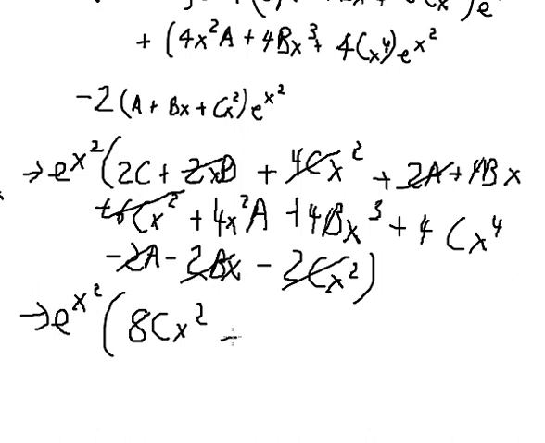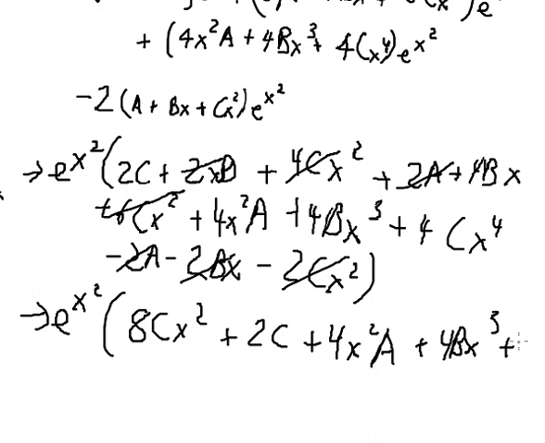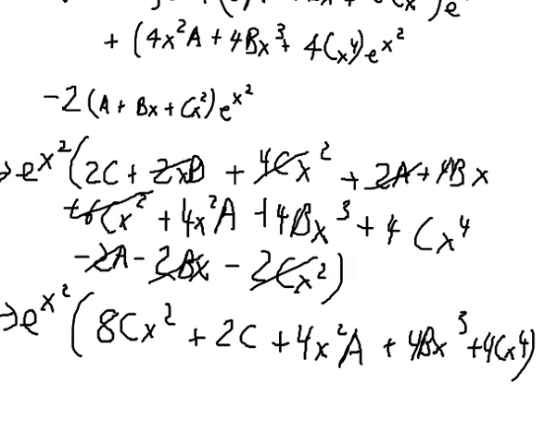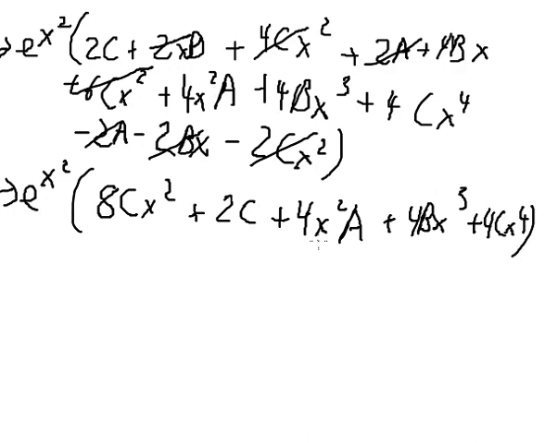So we have 2c, 4s squared a, 4bs to the power of 3, plus 4cs to the power of 4. So we have 4s squared here, 8s squared. We can do factorization by s squared.